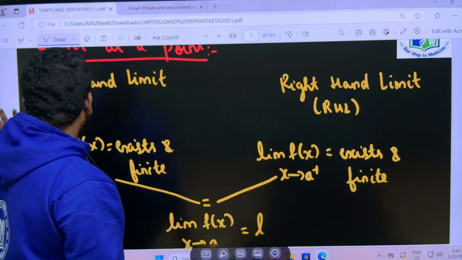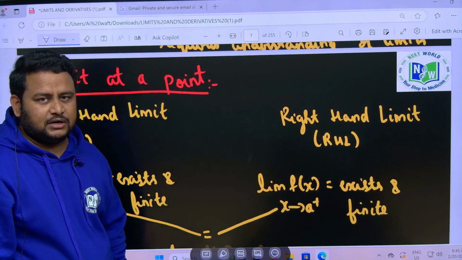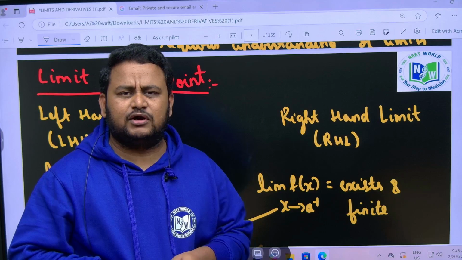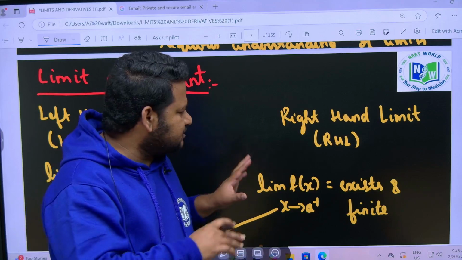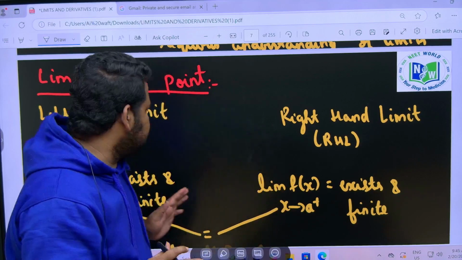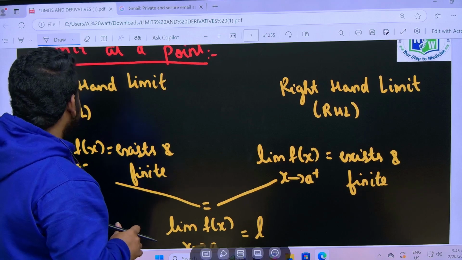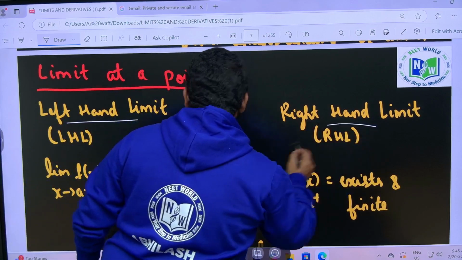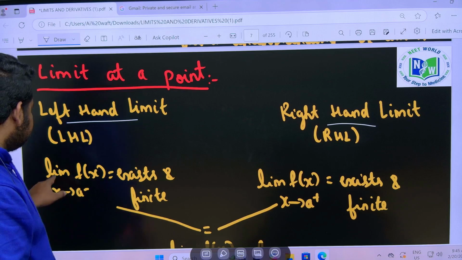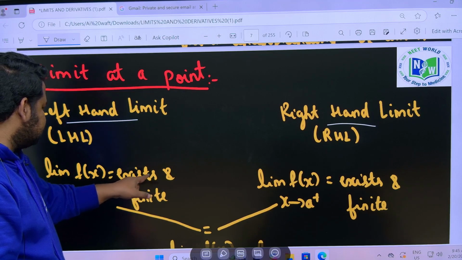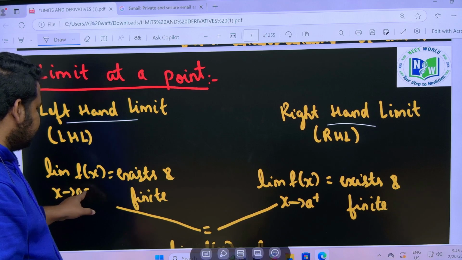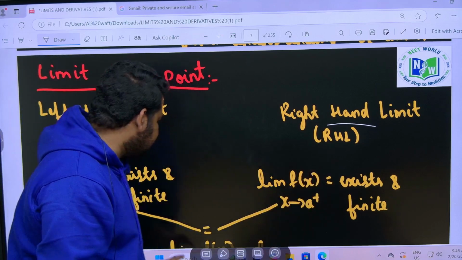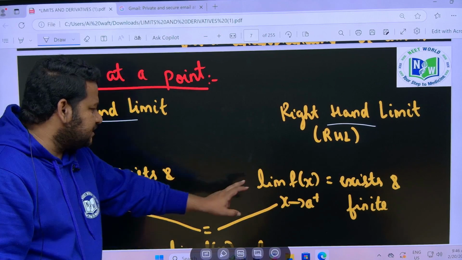When we talk about limit at a point, I'm not going to tell you in depth what a limit is, the theory; we'll tell you what is required to solve the question. I told you for limits there should be LHL and RHL: left-handed limit and right-handed limit. Limit f(x) as x tends to a minus exists and is finite, limit f(x) as x tends to a plus exists and is finite, and this LHL should be equal to RHL.